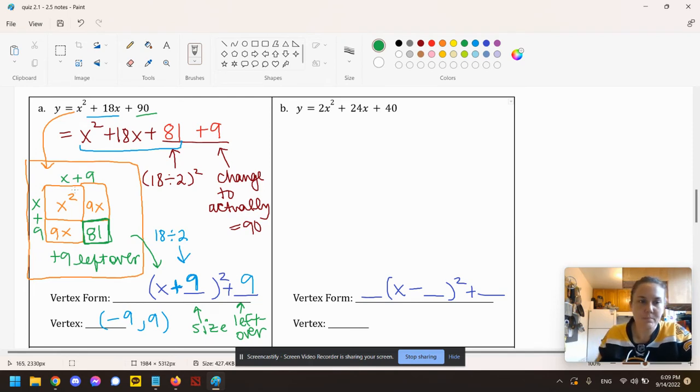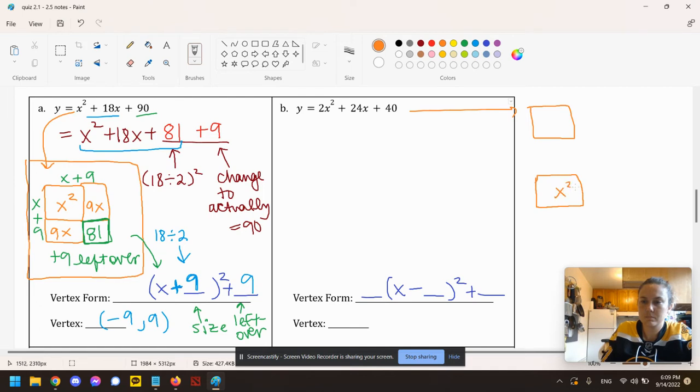All right, let's do this one both ways. I'll do pictures first for this one. I've got 2x squareds, so I want to draw 2 pictures. I've got 24 x's. I have 2 blocks and 24 x's, which means I want 12 x's in each block, and 12 x's to be here.